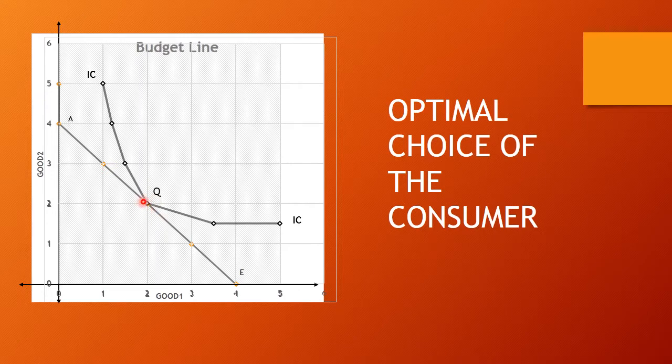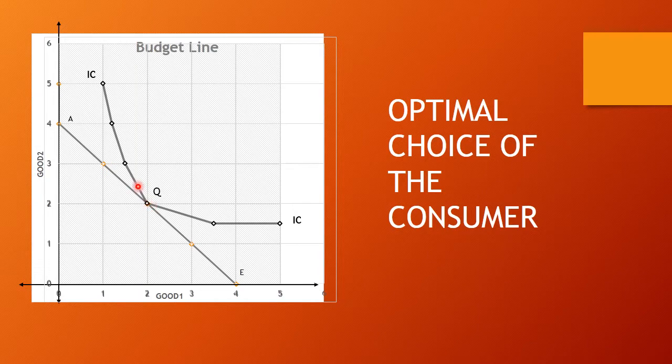That means even as he consumes 2 units of good 2 along with 2 units of good 1, he gets the same level of satisfaction as he would at this particular point, which would probably be attainable at a higher level of income. So don't you think that this is the optimal choice for the consumer? It definitely is.